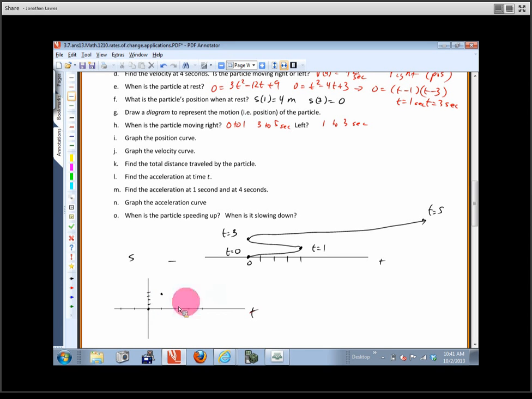At 3 seconds, it's back at 0. And then at 5 seconds, it's at 20. So 5 seconds would be about that high. That's what it would look like. You can see some similarities between the diagram that we drew of how it would move back and forth along the line and what the position function looks like.